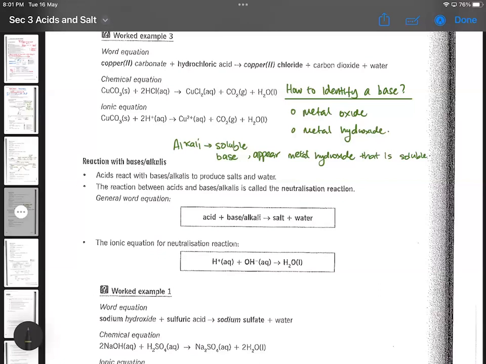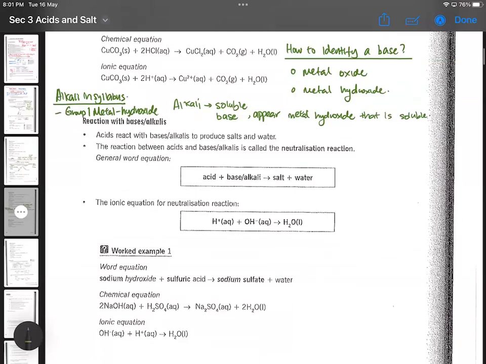All right, let me give you some examples of what an alkali is. In the syllabus, we have group 1 metal hydroxides. We also have lime water, calcium hydroxide.